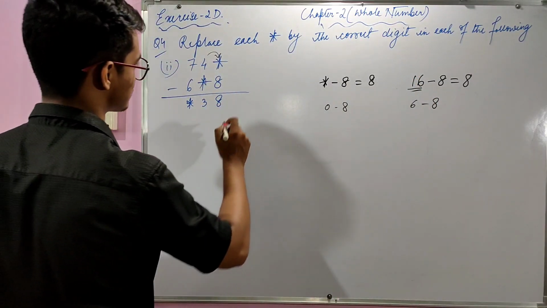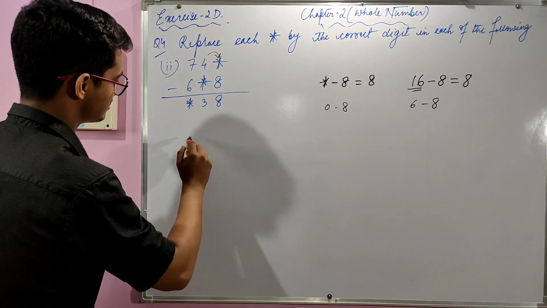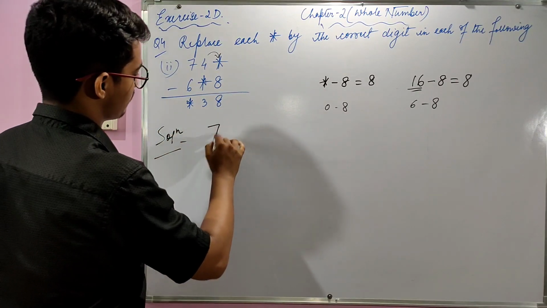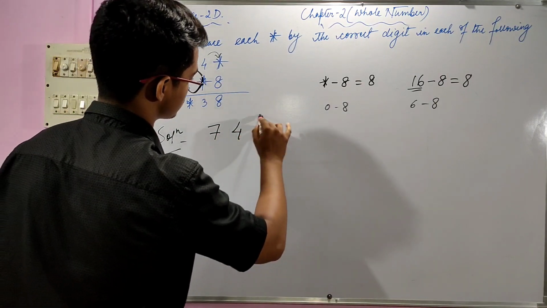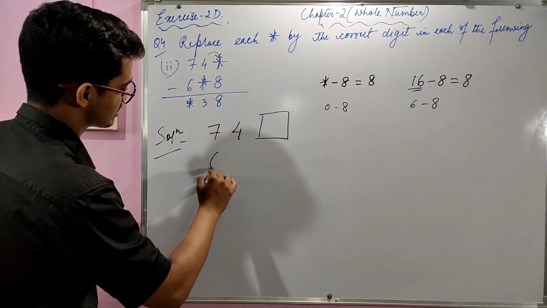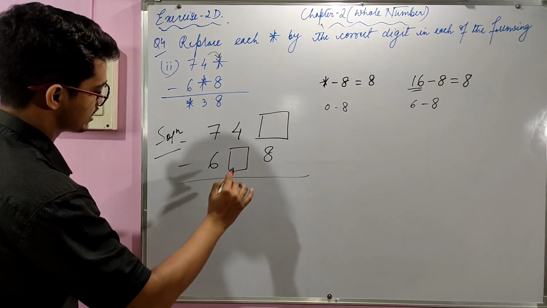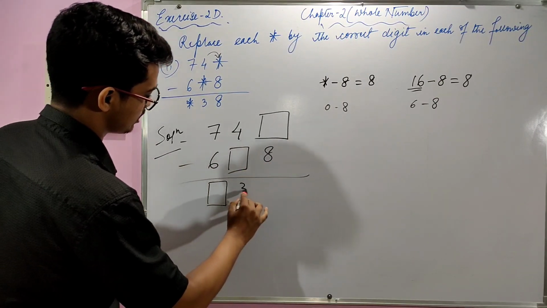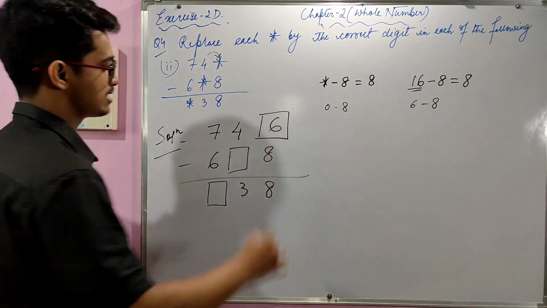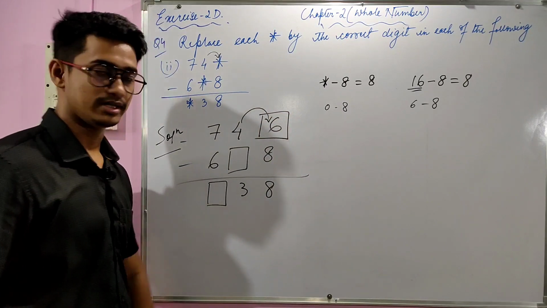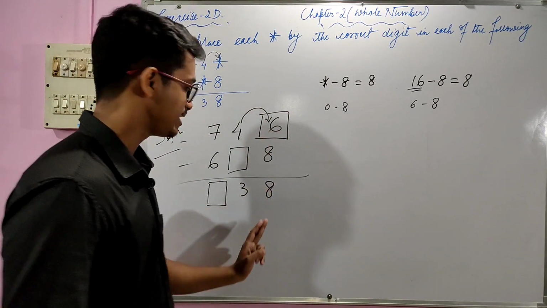So here the first star is replaced by, I made that one box for you so that you can fill up 7, 4 and that first box, right? Then 6 box 8 minus box 3 8. So the first number is 6, because when 1 is carried out, it will become 16, and 16 minus 8 is 8.